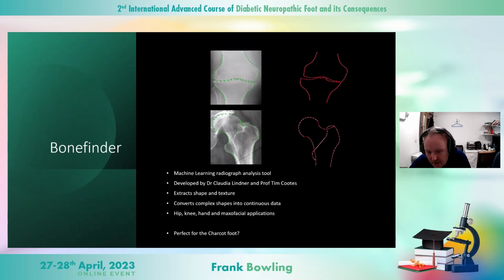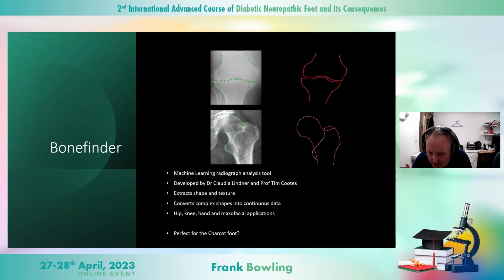As I already mentioned, it's a machine learning radiograph. It was developed here at the University of Manchester by 2 of my colleagues, and it extracts shape and texture and simultaneously converts that into a pictorial image. I.e., it converts complex shapes into a continuous data set.